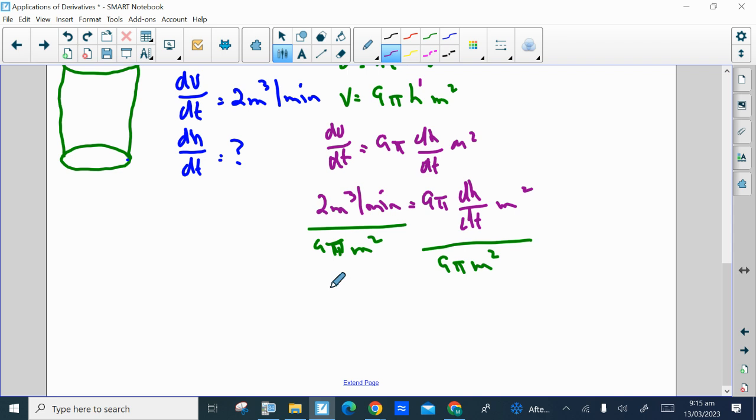So on the left, you'll have 2 over 9 pi. Meters cubed divided by meters squared gives us meters per minute. And that's what dH by dt will equal. 2 over 9 pi meters per minute.